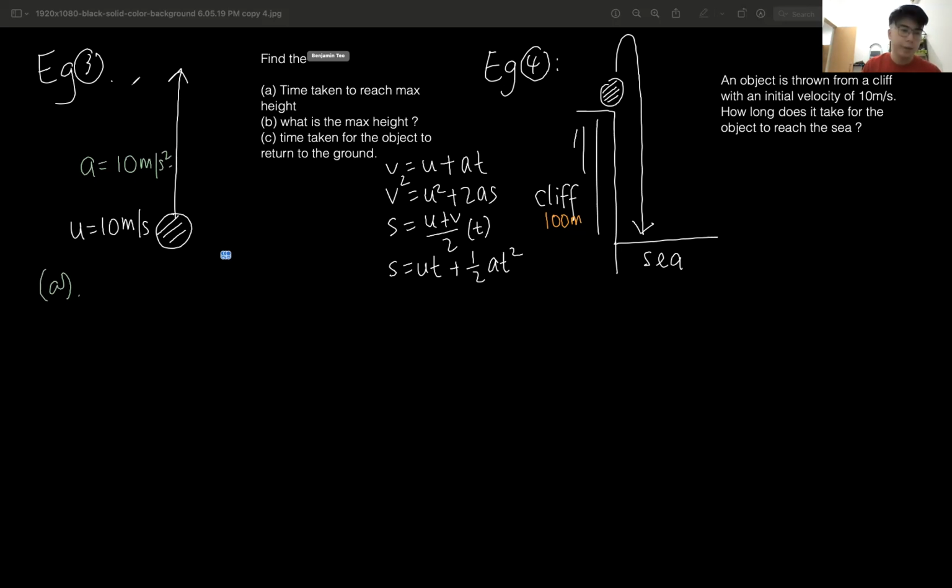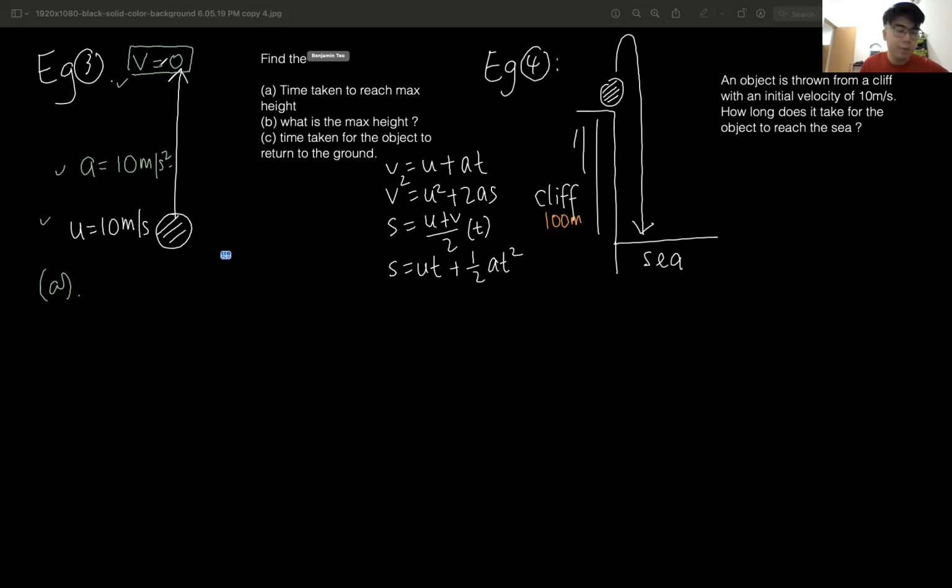And at maximum height v equals to 0. So already got 3, 1, 2, 3. Then we can solve it. 因为我们拿到 maximum height 它是 momentarily at rest, so the velocity is 0. Okay, that's why we have v equals 0 here.